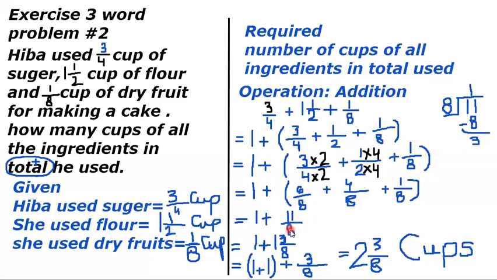We need to change the improper fraction into a mixed number. 11 upon 8 does not give us a sense of how many cups she is using. This fraction is giving us the answer in fraction form.